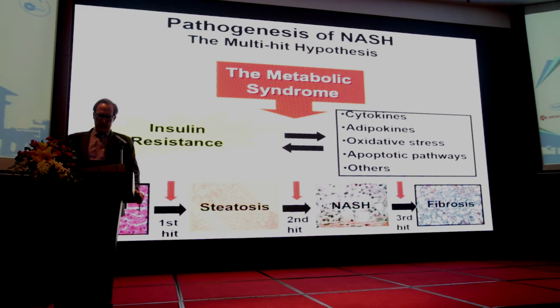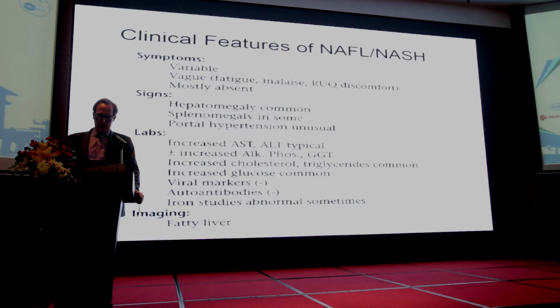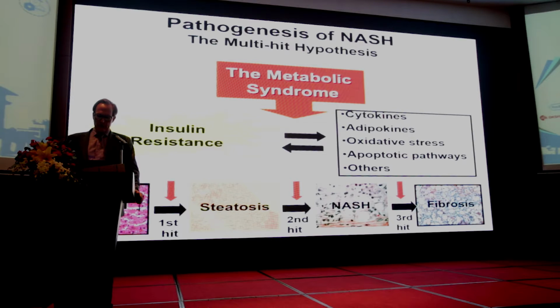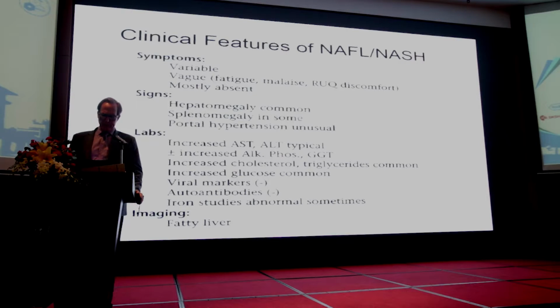So this multiple hit hypothesis that you've heard about today is important. We don't measure cytokines or adipokines in the clinic, but you can measure simple markers of inflammation, such as sed rate or C-reactive protein.